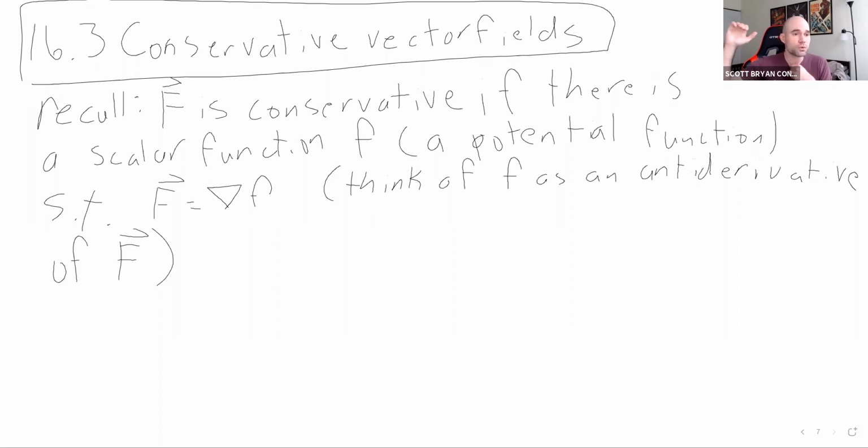Okay, so we haven't quite seen, and we'll see this next time, how to check that a vector field is conservative. Well, we have seen it, but we'll say that's exactly how we do it. And we also haven't seen, once we know a vector field is conservative, how to find a potential function. We'll look at that next time. But let's just assume something's conservative and then see what we can do with that.